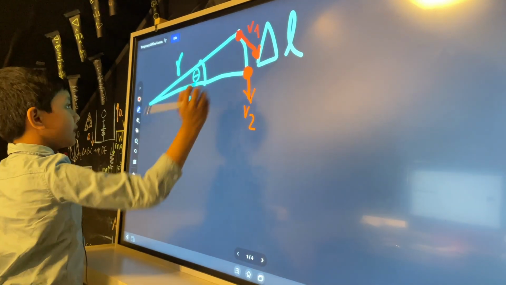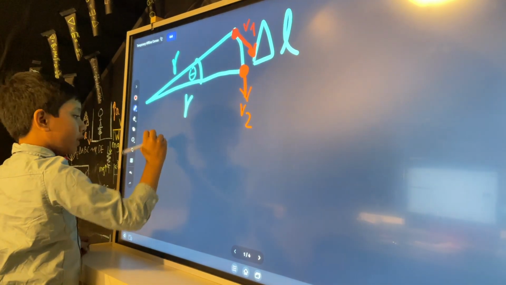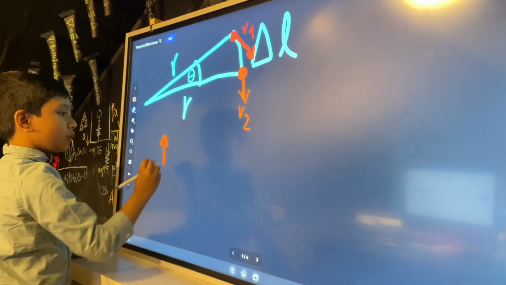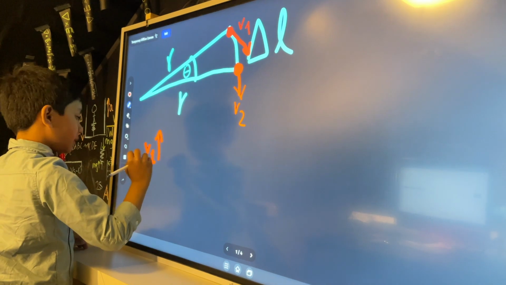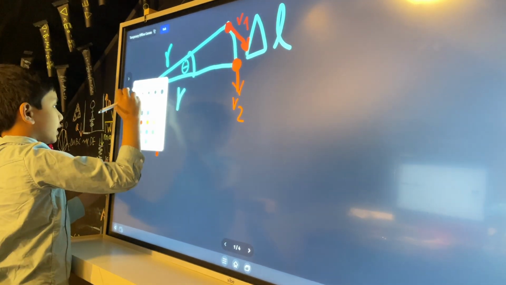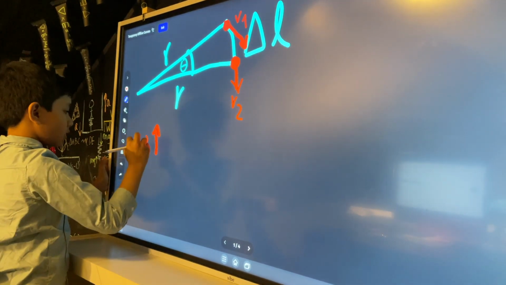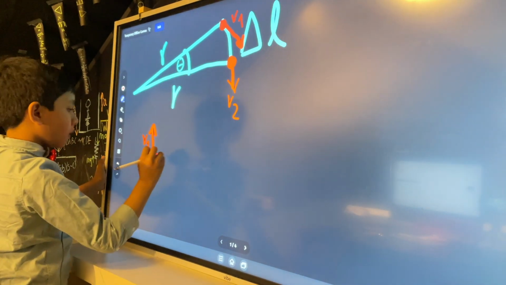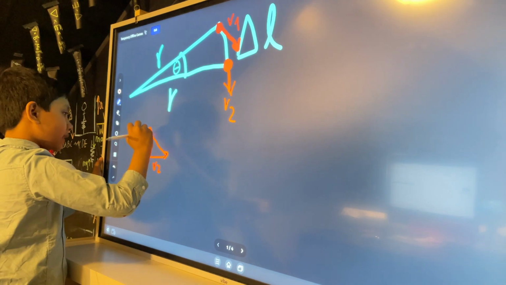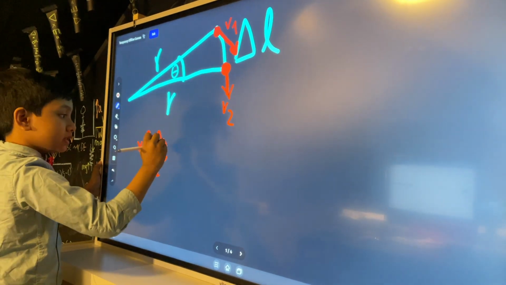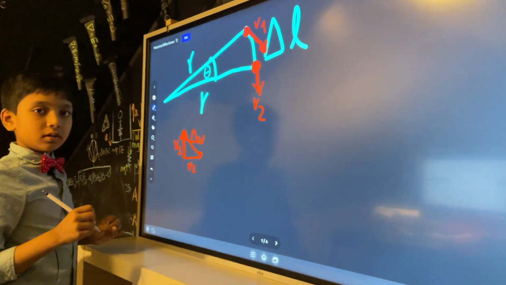If you rotate the sector, then these velocity directions will look like this. So this is gonna be V1, V2, and this is gonna be the change in velocity.